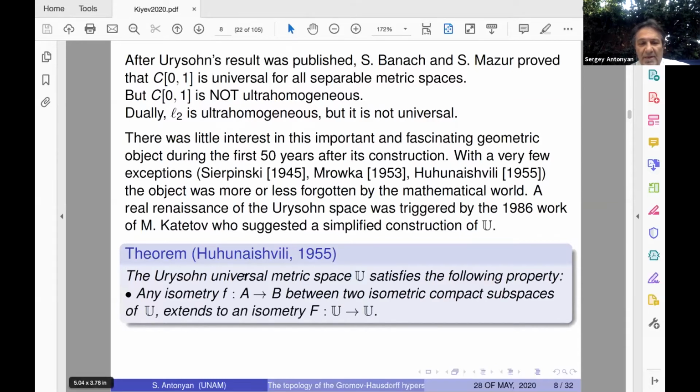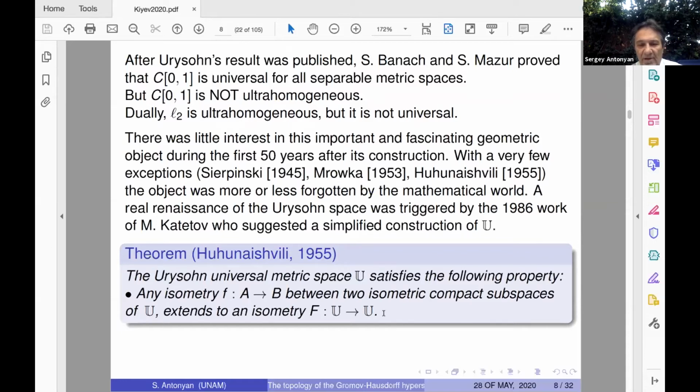The same property as in the Urysohn theorem, where A and B were finite subsets, holds true when A and B are isometric compact subsets of U: then any isometry can be extended to an isometry of the whole space.